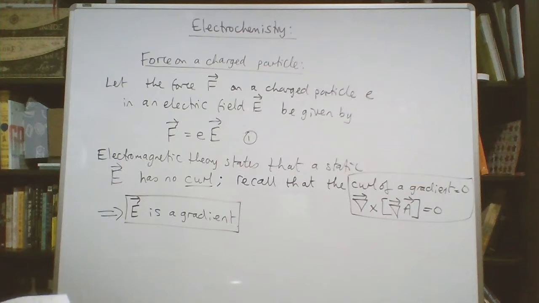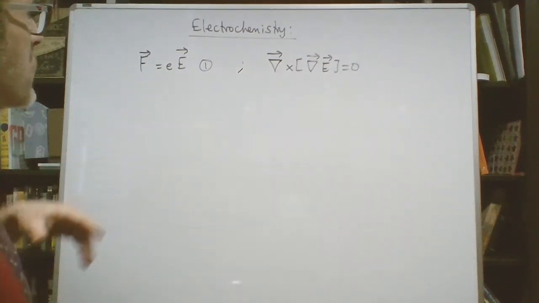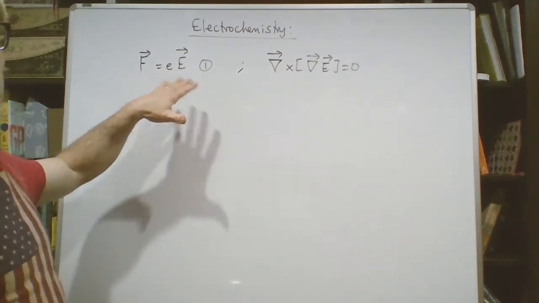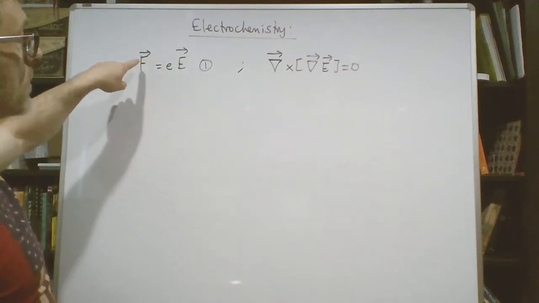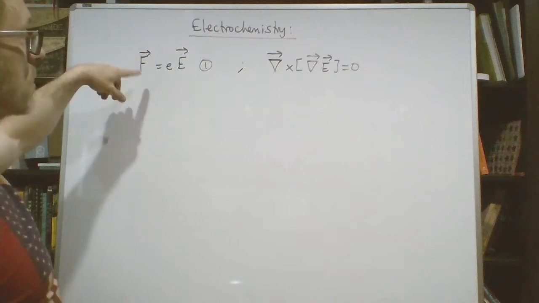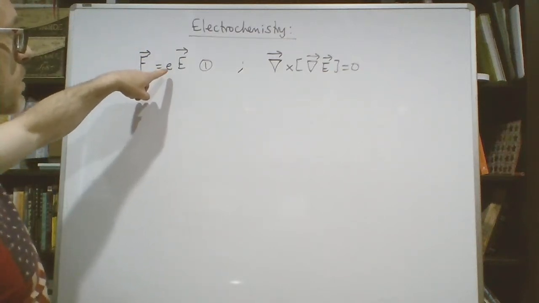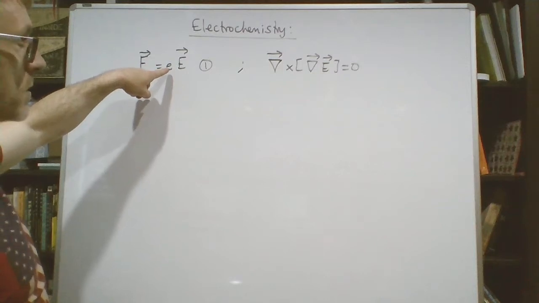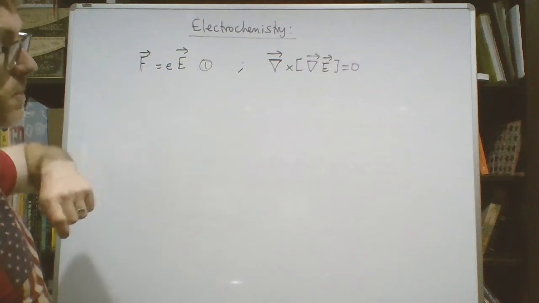Okay, so I'm going to clear the board and we'll get on with the next part of this video. We've cleared the board a bit. We're just going to restate what we had on the previous screen. We had equation 1, the electric force, because we're interested in the electron, is a product of the electron, or particle, in its electric field.